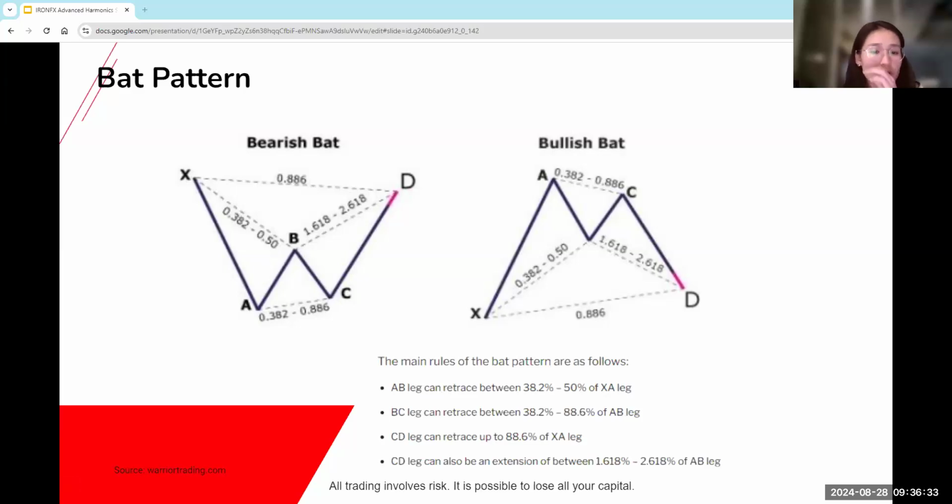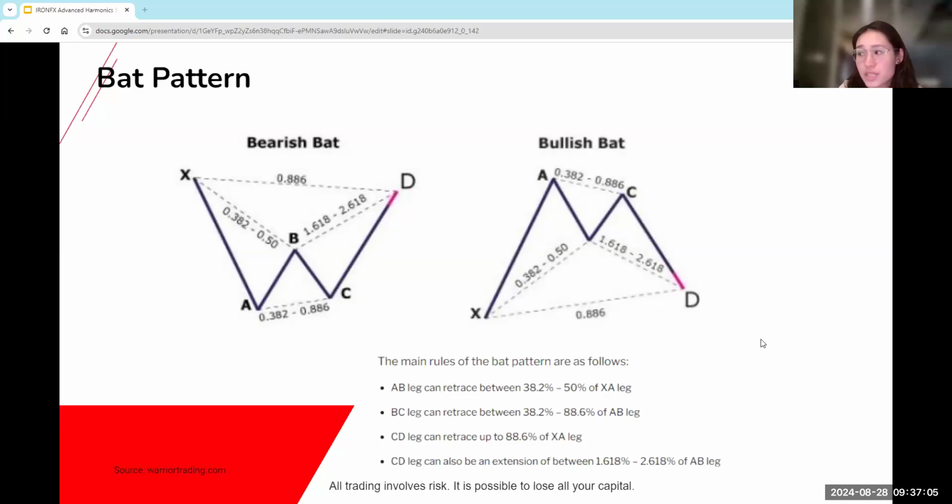Okay, so for long positions, if we're looking at a bullish Bat, long positions would be after that D level. So you place your stop loss here. Your potential reversal zone will be this purple highlighted point, and prices are headed upwards, so you can place your take profit again at 38.2 retracement of this level, AD, or 61.8 as well.